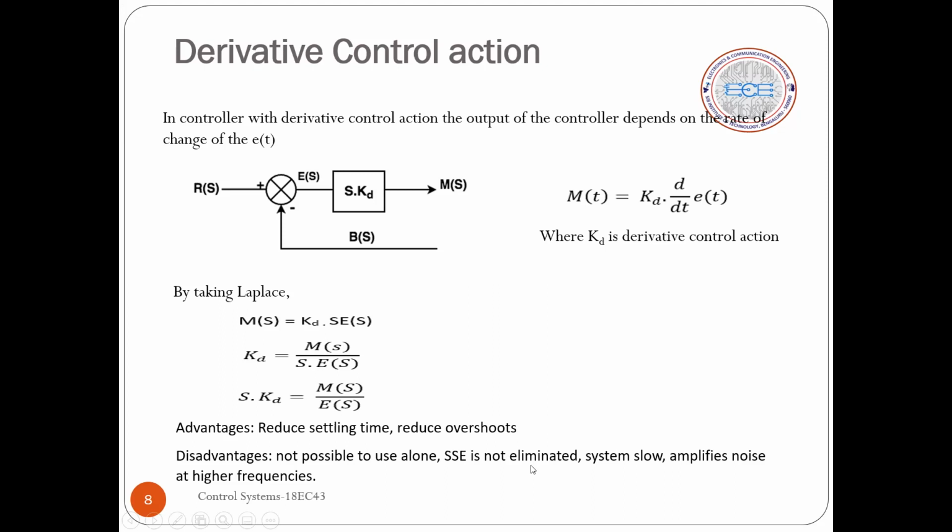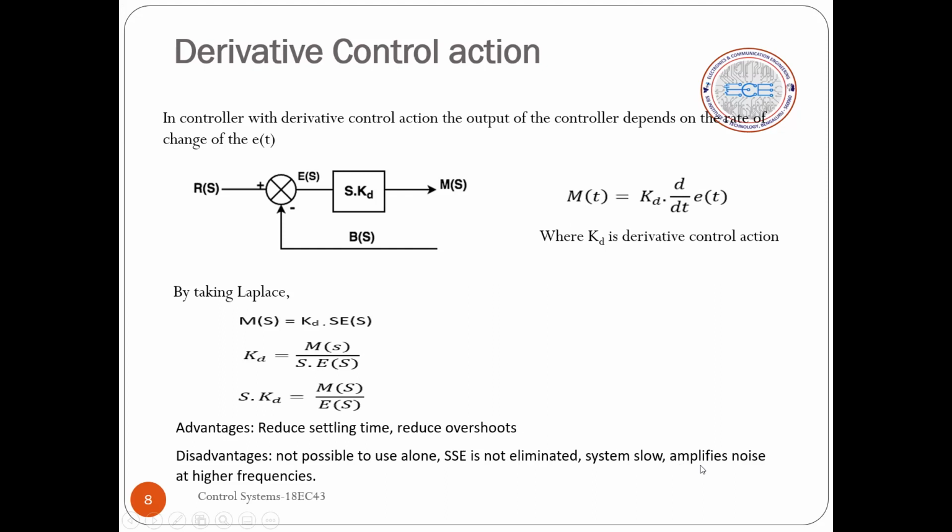Steady state error is not eliminated completely, it still exists, whereas in the integral controller it is eliminated completely. The system is very slow because every time it has to differentiate, multiply, and make the result available. This differentiation computing takes time, so it is slow.